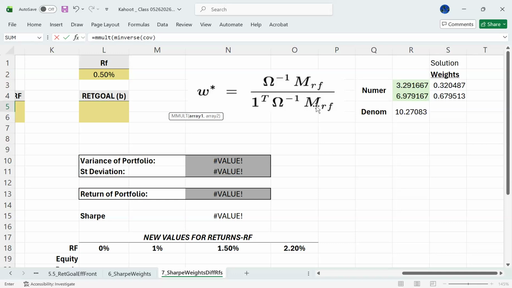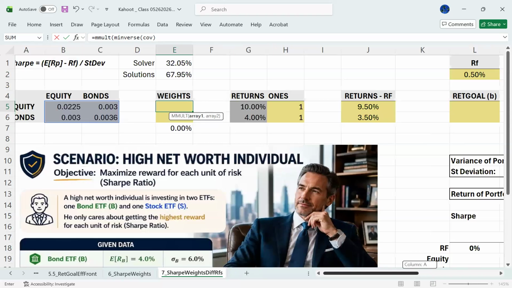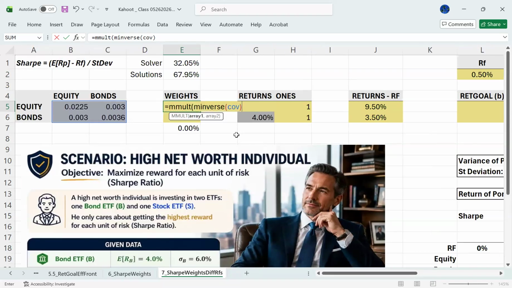So the denominator would be 1 transpose omega inverse ones, and the numerator would be the inverse of omega times ones, the matrix. So essentially this is very similar, but you're using mu RF, okay? And mu RF is this matrix.